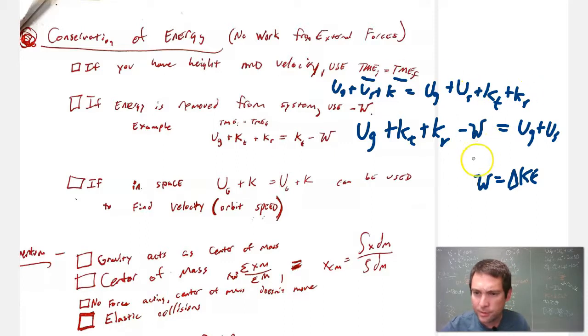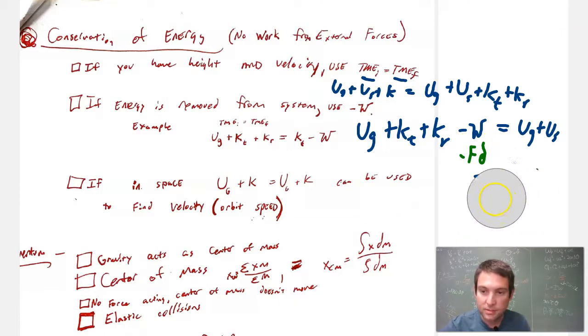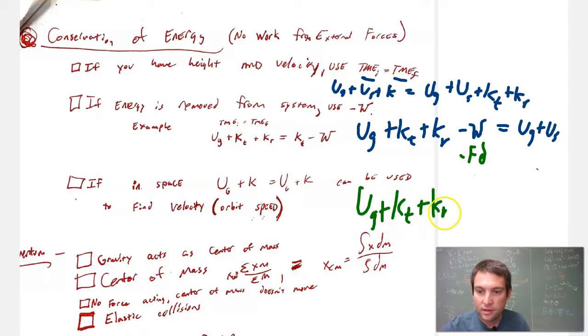In that case, also remember that work equals F times displacement. So if it equals F times displacement, then we could easily turn this equation into UG plus KT plus KR. And we know that our frictional force equals mu times Fn.